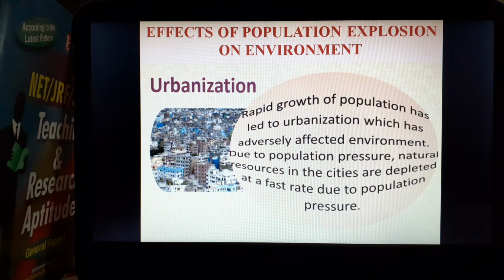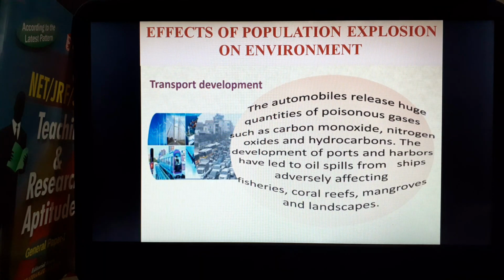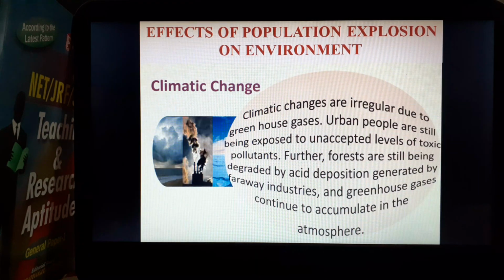The next part is urbanization. Rapid growth of population leads to urbanization, which directly and indirectly affects our environment. The next part is transport development. Automobiles release huge quantities of poisonous gases, which directly and indirectly affect our environment. The next one is climate change. These climate changes are irregular due to the greenhouse effect, and people are suffering from this. Our agriculture is suffering from this.